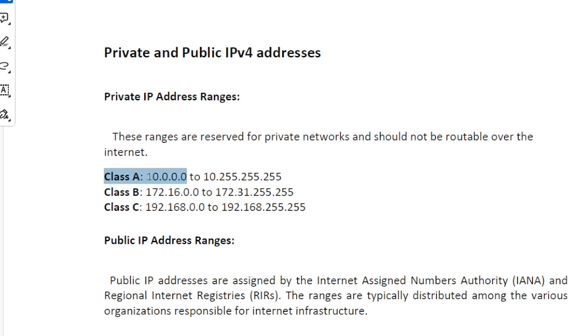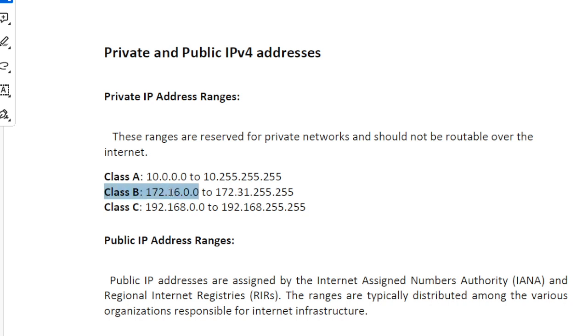Class A is starting from 10.0.0.0 to 10.255.255.255. It comes to a very large number, something around 16 million, I think.